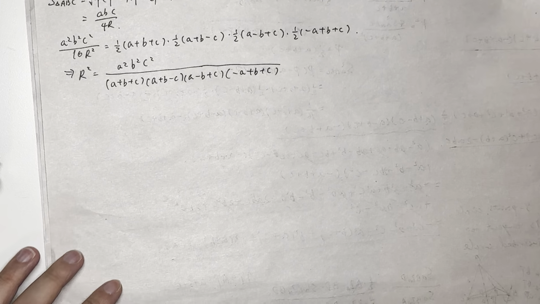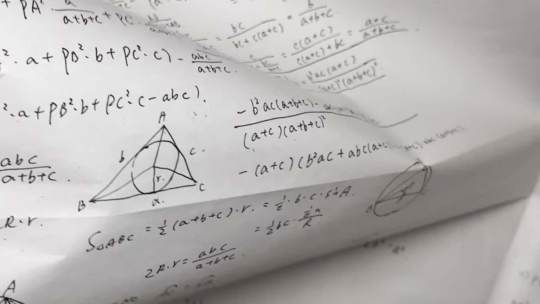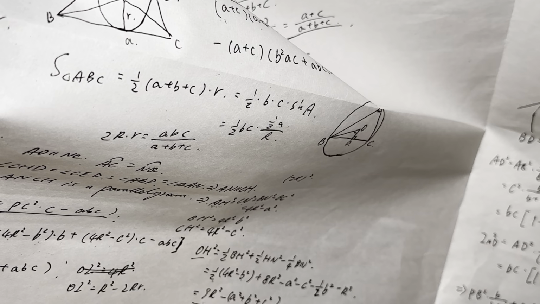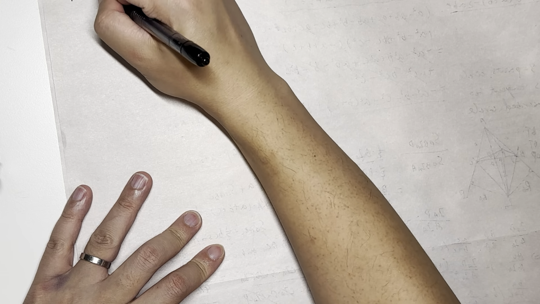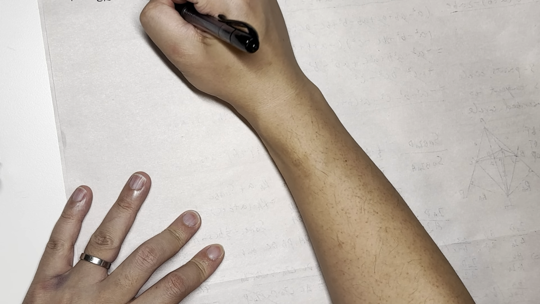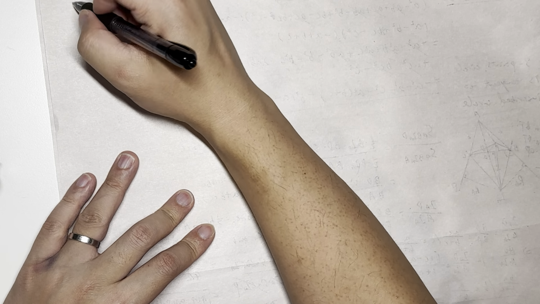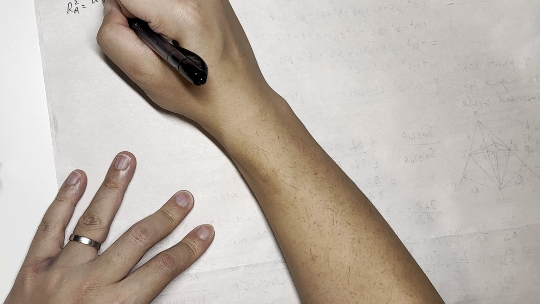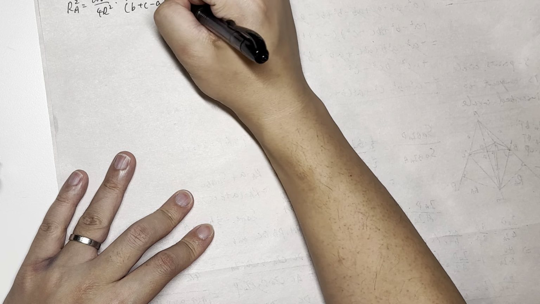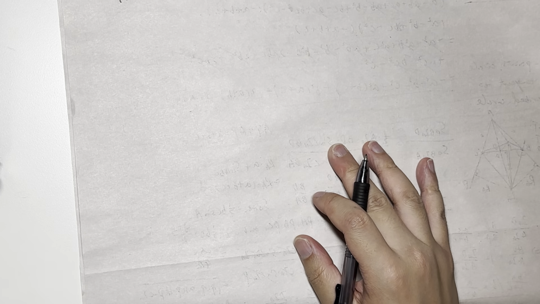That's R squared. And we have RA equals ABC over 2R times 1 over B plus C minus A, right? Which means RA squared equals ABC over 4R squared times B plus C minus A squared, right?